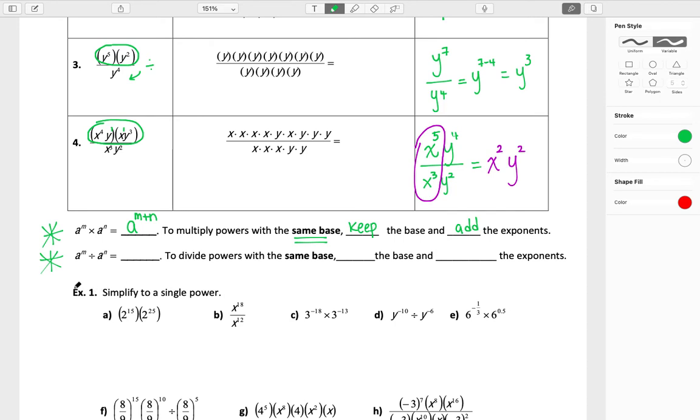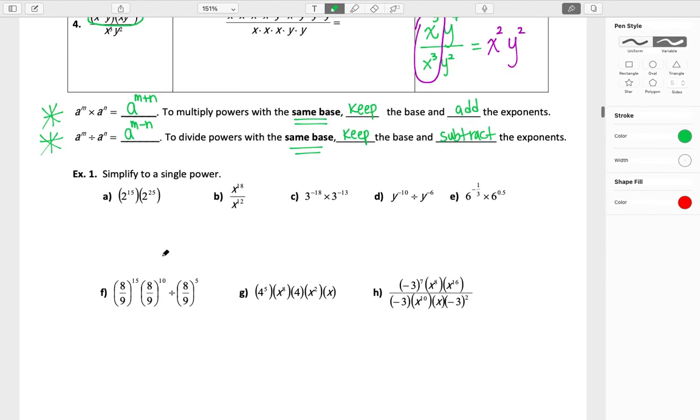On the other hand, when you have the same base and you're dividing, you subtract the exponents. So to divide powers with the same base, you again keep the base, but this time you subtract the exponents. These two rules are very important.